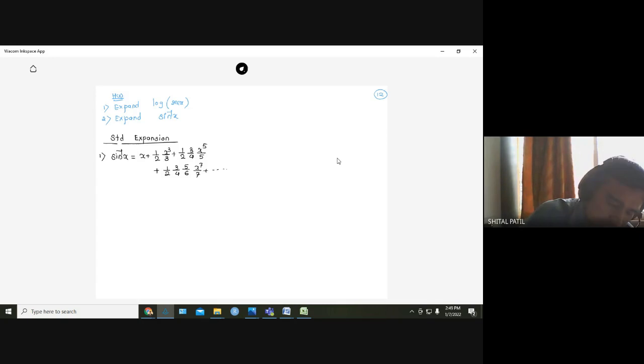This is the expansion of sine inverse x. Then cos inverse x is pi by 2 minus sine inverse x. Therefore, it is pi by 2 minus the expansion of sine inverse x.